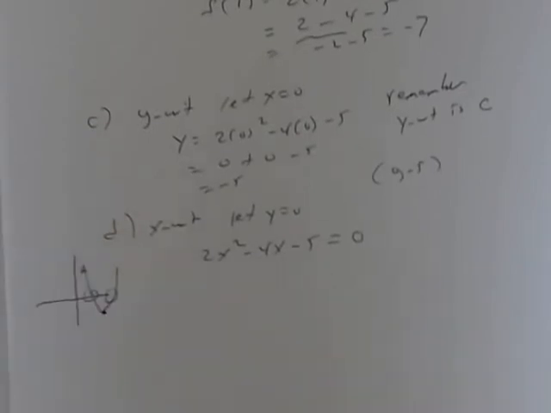Now compare that equation with the other one. The other equation, you had to use the square root property. Here, it may or may not be factorable, so you may not want to spend the time seeing if it's factorable. You may want to go directly to using the quadratic formula.